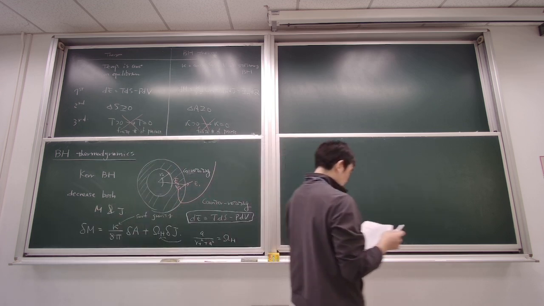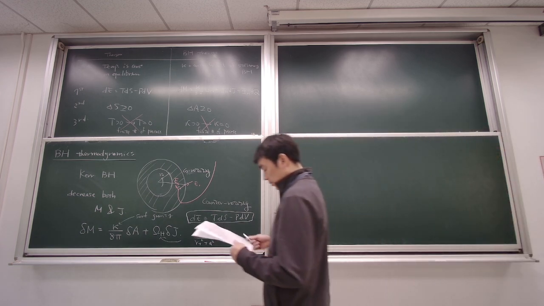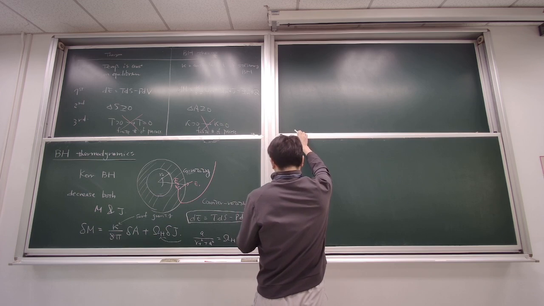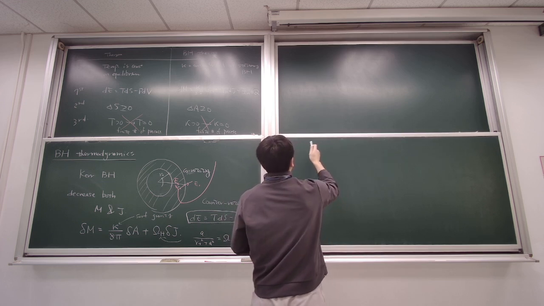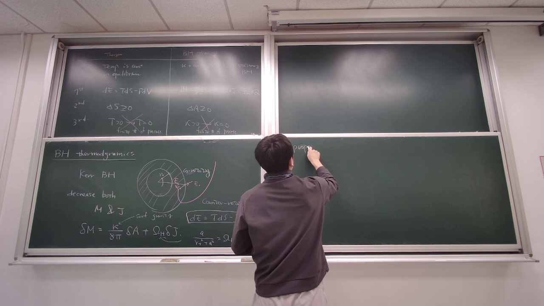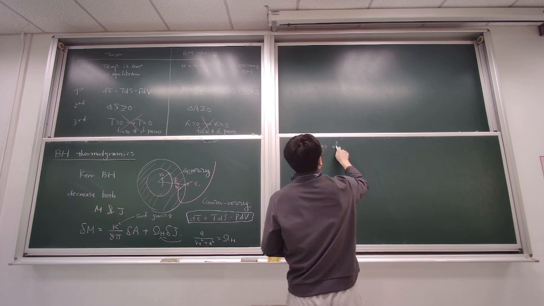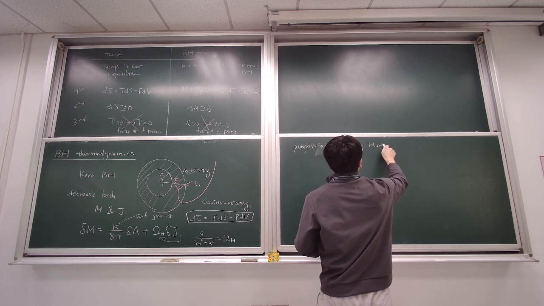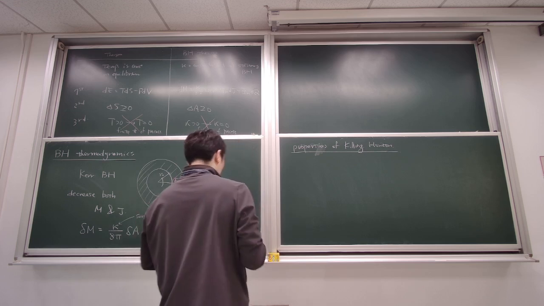But before deriving the zeroth law, we'll first see the properties of the event horizon, in particular the properties of the Killing horizon.